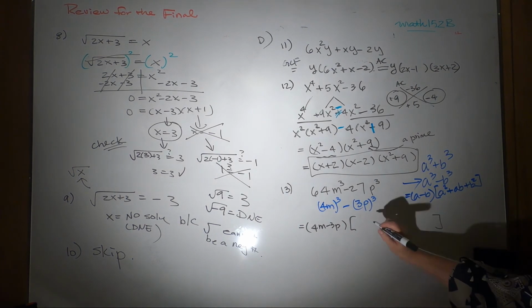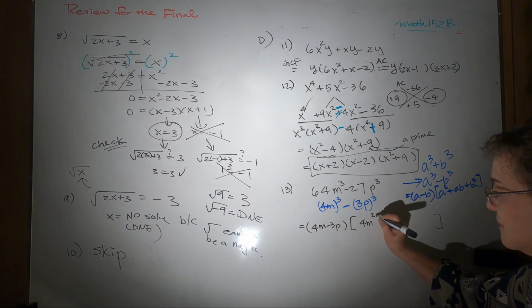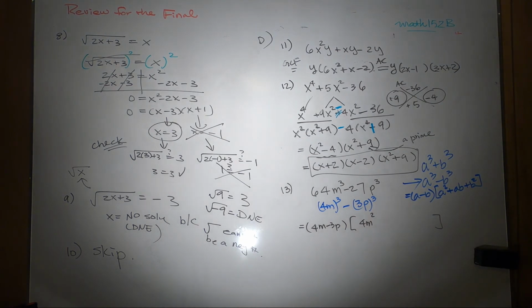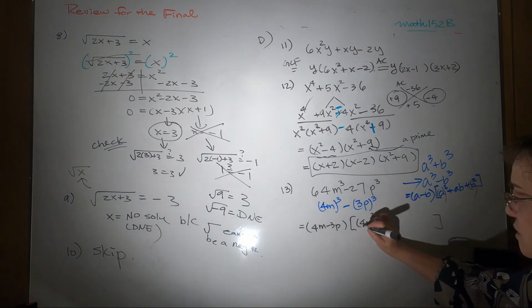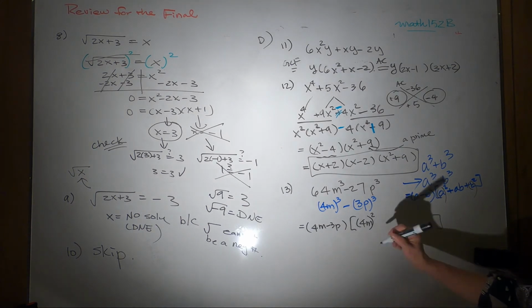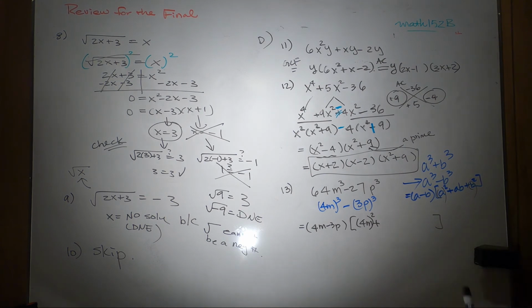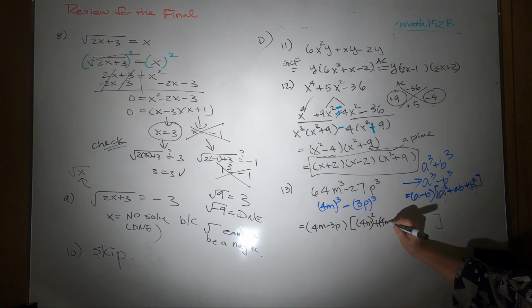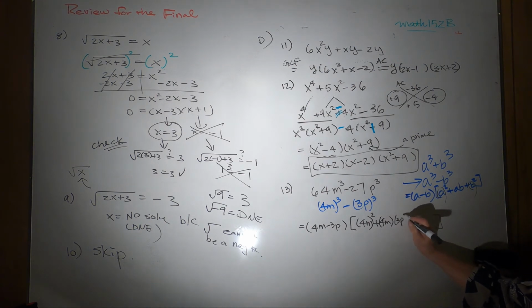Then A squared. Do you write the 4m squared? No, because for the whole thing A, you need a square. So you need to have 4m as A to take a square. Then this is a negative here, it should be positive. Plus A times B, which should be 4m times 3p, right?